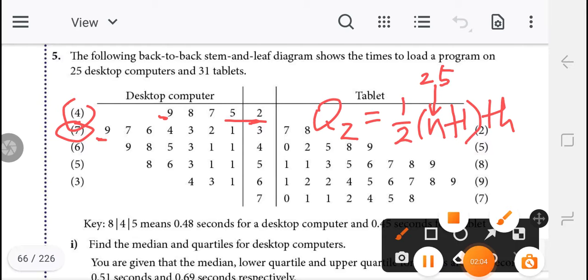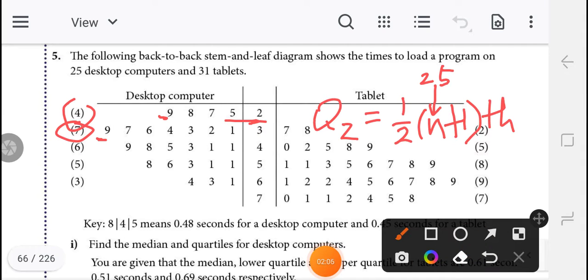So we count using these numbers: the first row ends at the fourth number, the second row ends at the seventh number. So this is number 11. From number 11 we have number 12 and number 13.